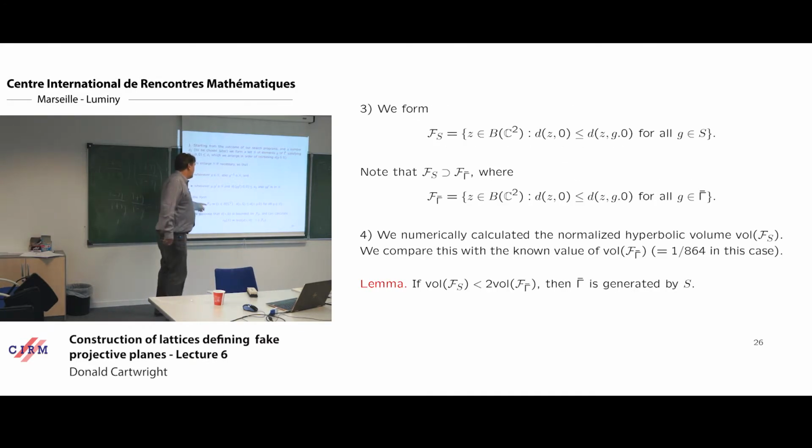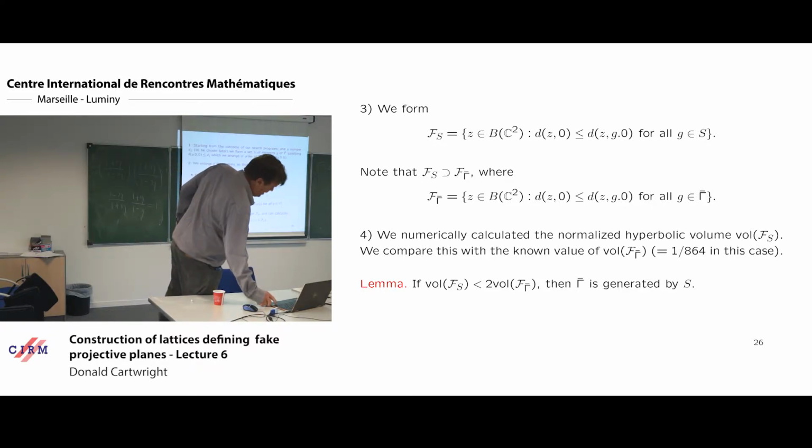And you form this sort of fundamental domain, and here's where Tim is hopefully going to talk about this tomorrow. Calculate this number here. Okay, so in fact, Tim can calculate this program.